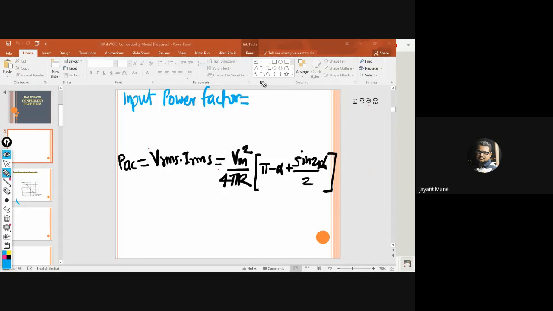So input power factor is power delivered to load divided by input volt ampere.